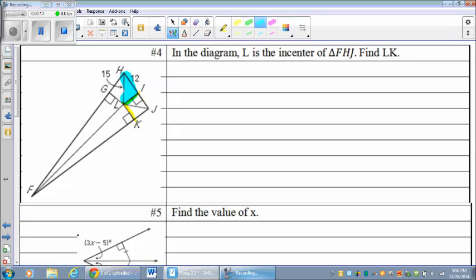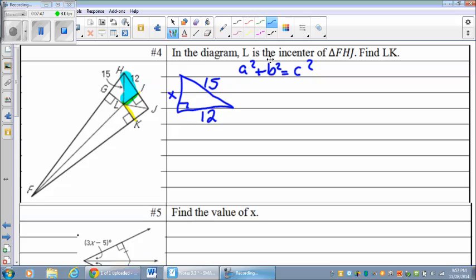So if I look at this as a right triangle, and I stand it up correctly, the LK is what I'm looking for. The bottom HI is 12, and then the diagonal is 15. To measure different sides of a triangle, I have to use the Pythagorean theorem, which is a squared plus b squared is equal to c squared.